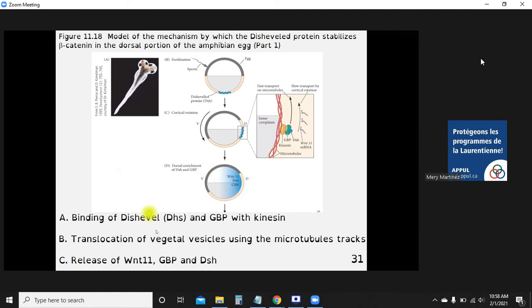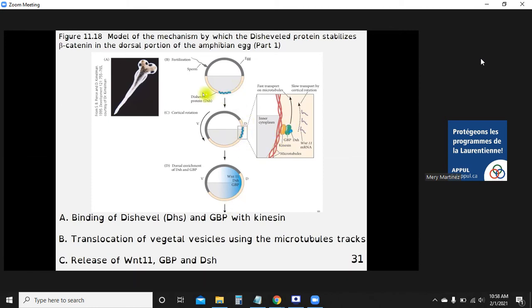Are these movements clear with these factors there? Can you please repeat that area with WNT11, DSH, and the GBP? Is that dorsal or ventral area? It's dorsal. Okay, then I got it right.